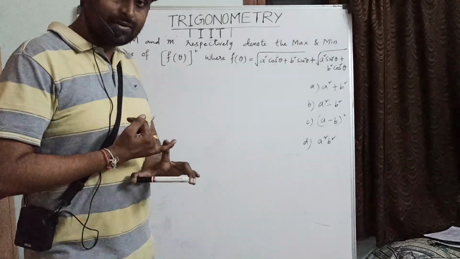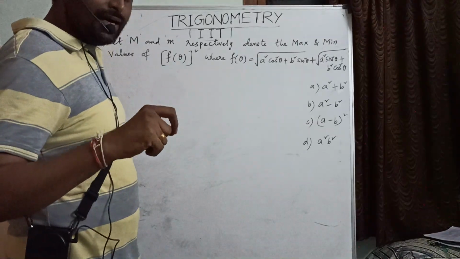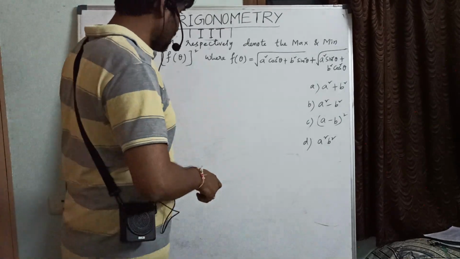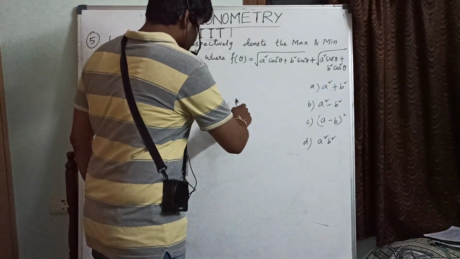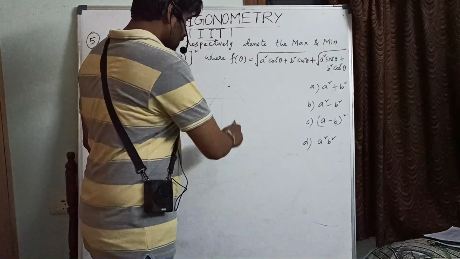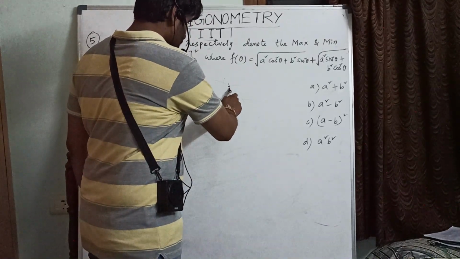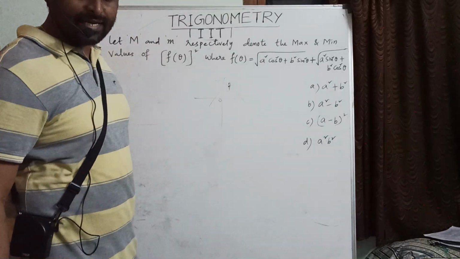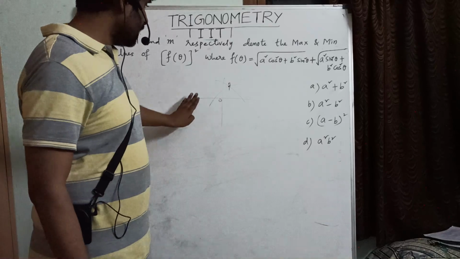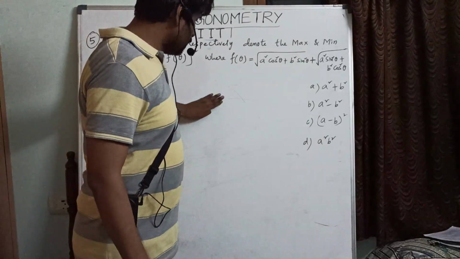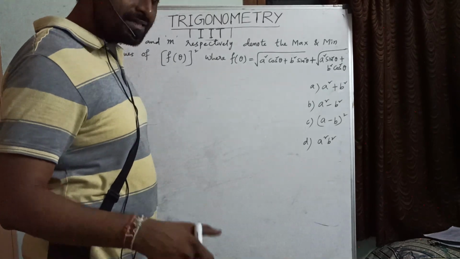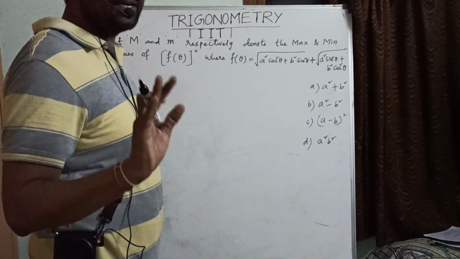That happens where sin theta, cos theta equal 1 by root 2, because sin x curve and cos x curve both will intersect at 45, correct or not? Sin 45 is 1 by root 2, cos 45 is 1 by root 2.